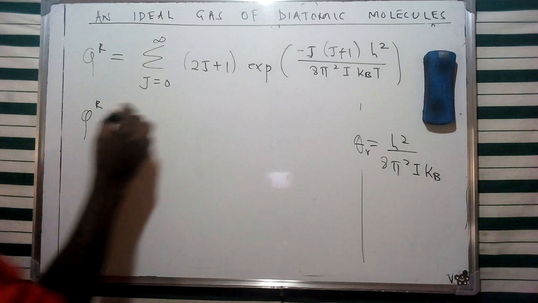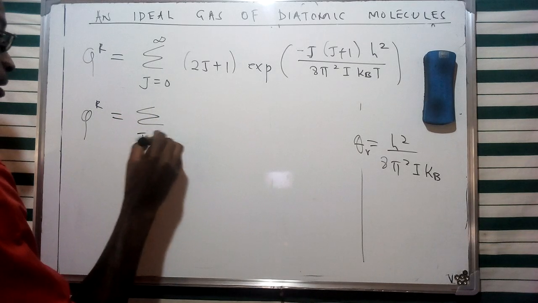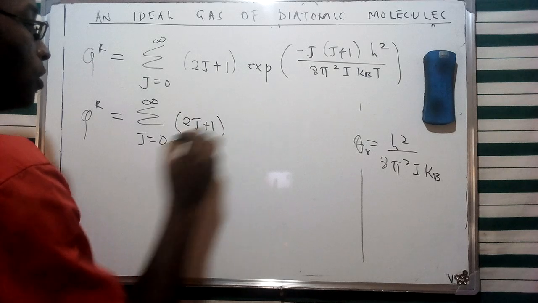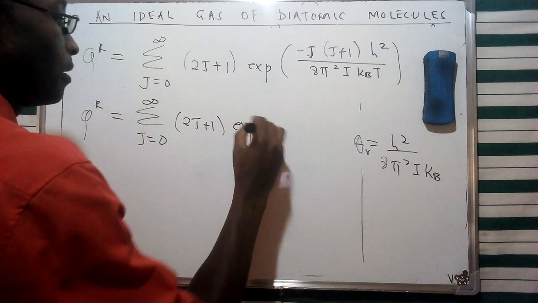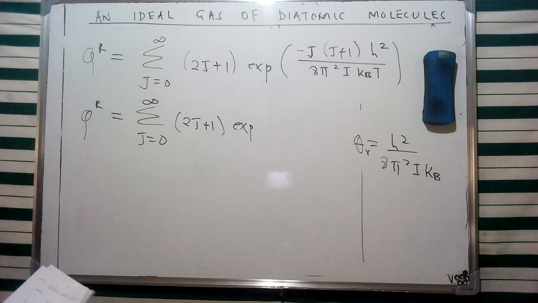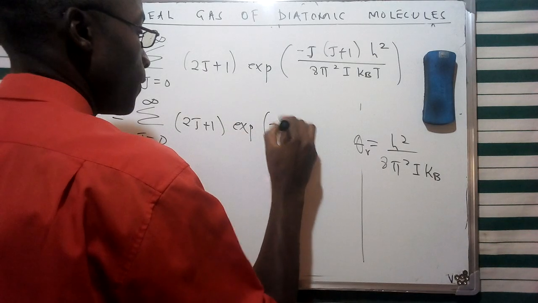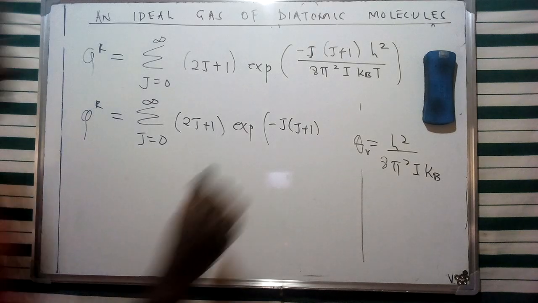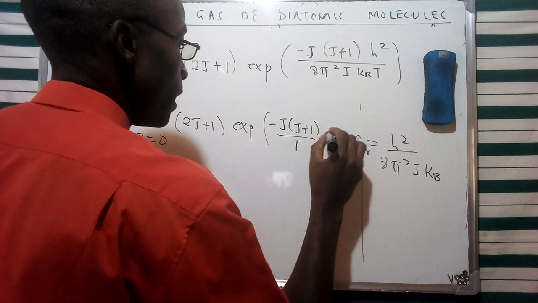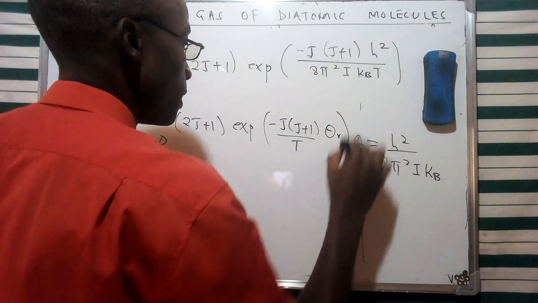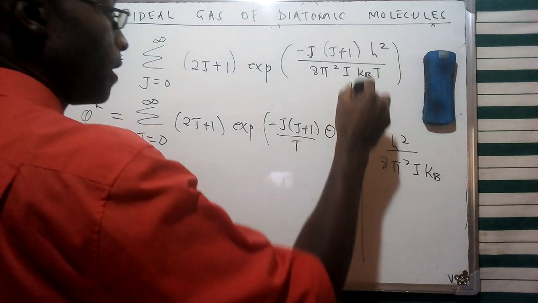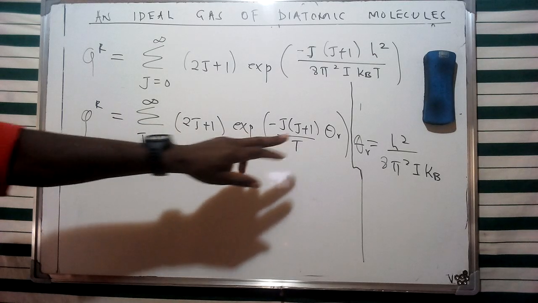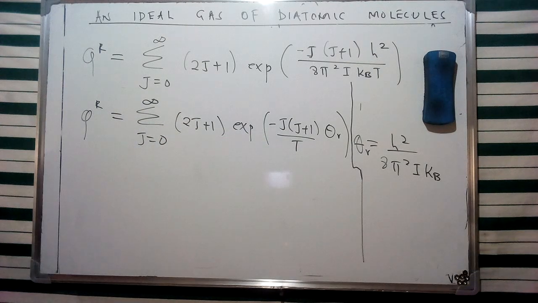This gave us an equation of the summation over J from 0 of 2J plus 1 for g_J, and then we had the exponent of negative J times J plus 1, and then we had theta_r over T. So this basically was a simplified version of that partition function considering the rotational temperature.